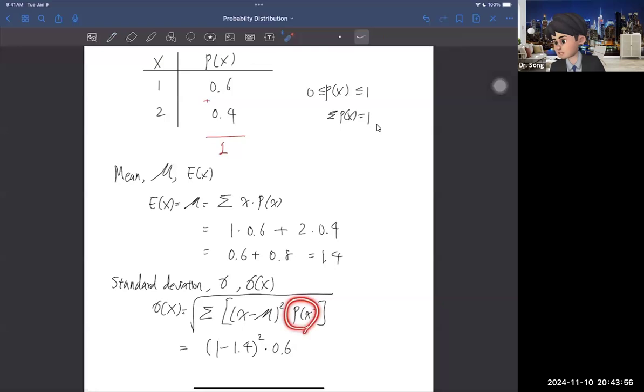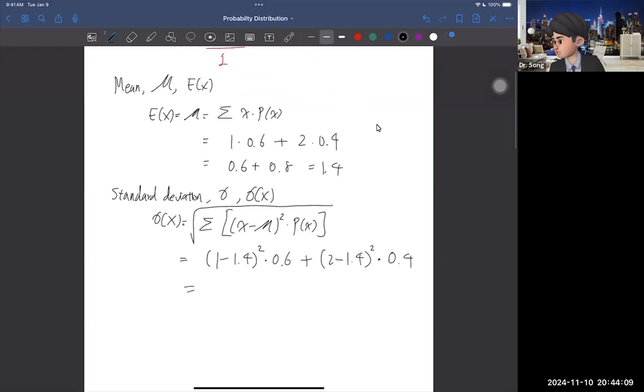It's just the probability of x. And then plus, because we have a summation notation, 2 minus 1.4 squared times 0.4. Then you see that this is negative 0.4 squared times 0.6 plus 1.6 squared times 0.4, then you will get the number.